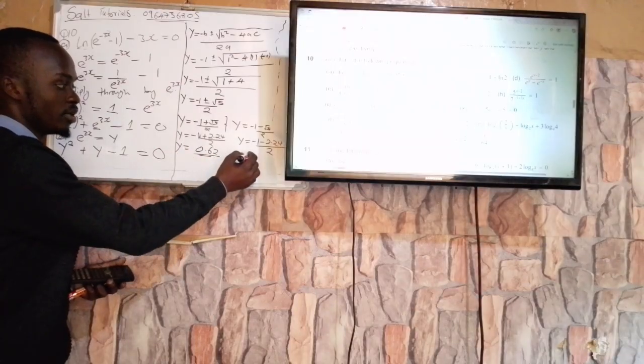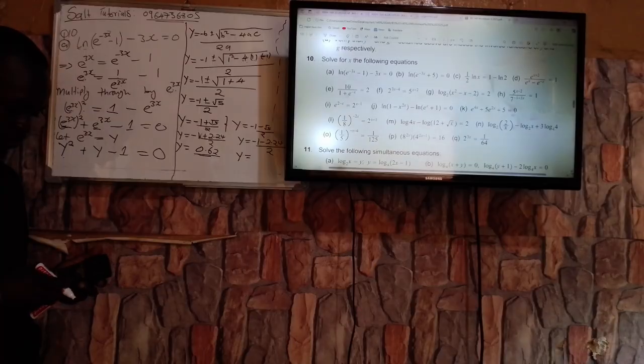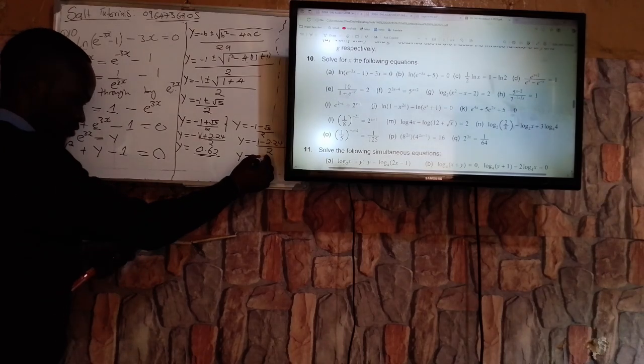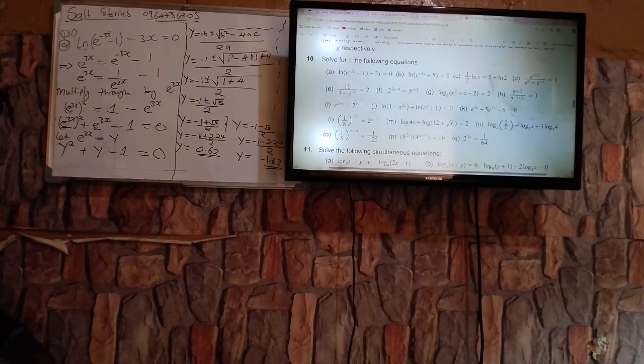And y equals negative 1 minus 2.24 over 2, which is negative 1.62. So these are the two values of y.